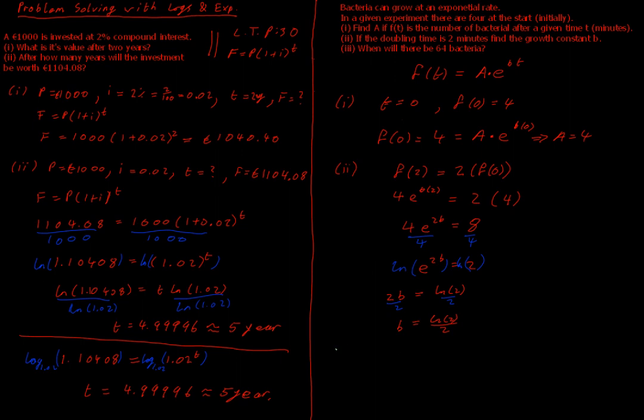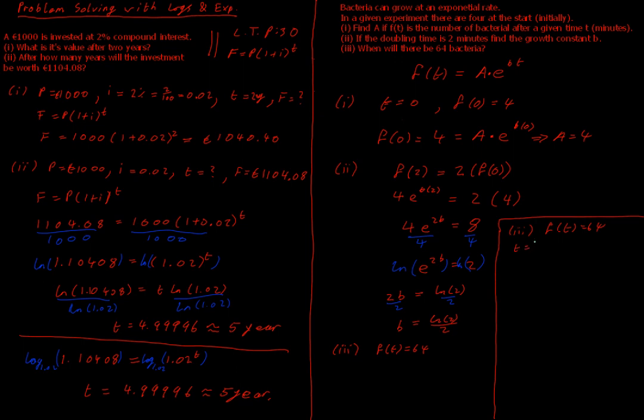Now the last part, when will there be 64 bacteria? So I'm looking for f of t is equal to 64. I'm going to break up my page again so I have a little bit more space to work. So I have part 3, and I'm looking for f of t is equal to 64.